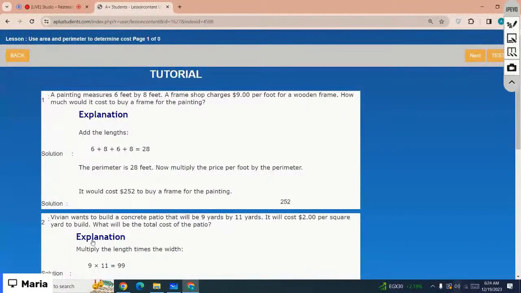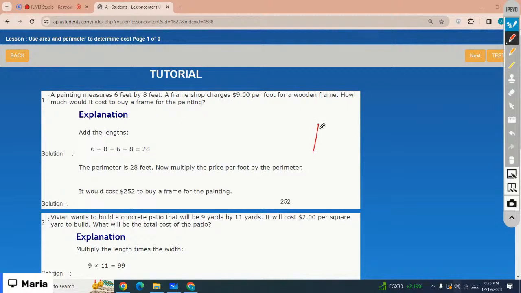So the dimensions of the painting is 6 times 8, and for 1 foot, the frame shop charges $9. You have to calculate the total cost for the painting. So for this one, you have to calculate the perimeter, because a painting is like this.